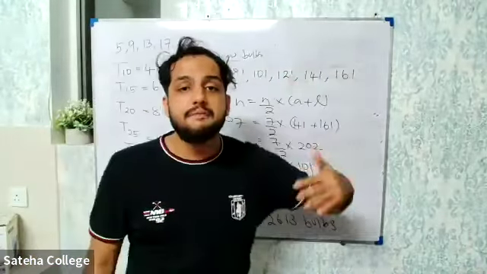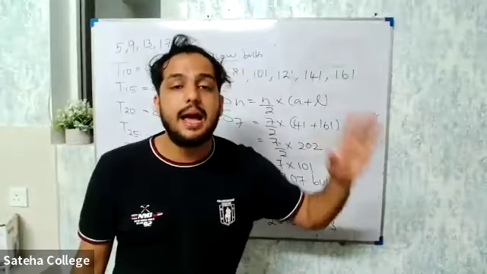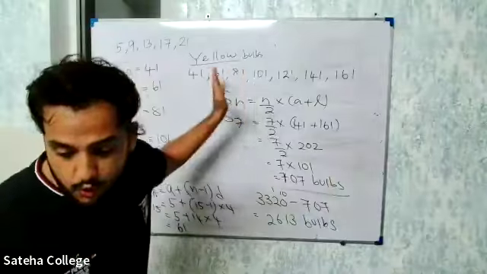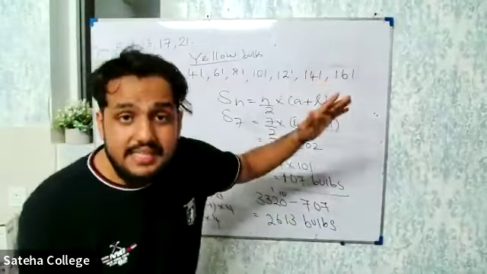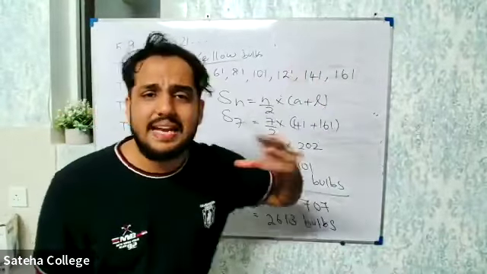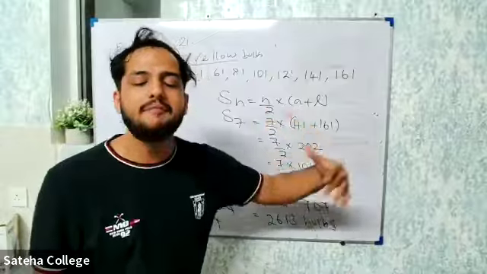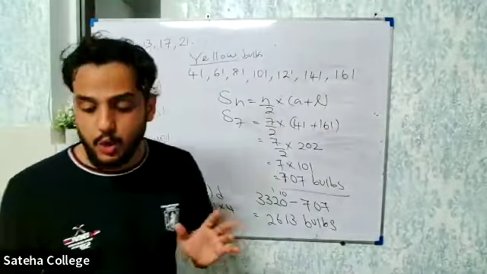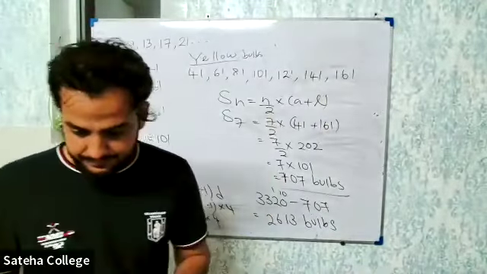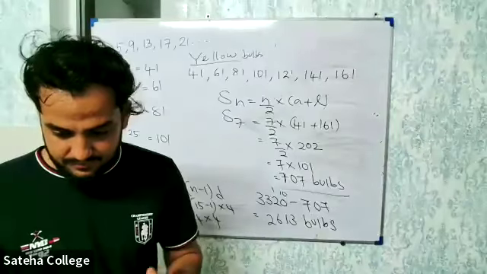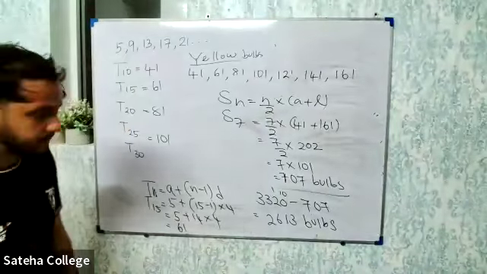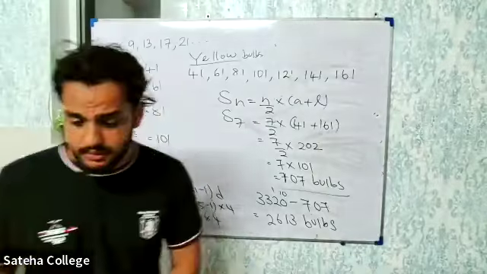So if you count, there are 7 circles with yellow bulbs. They didn't tell you that, but they told you every multiple of 5 has yellow bulbs. Yes, I now understood. Thank you. Good. You're welcome. Any other doubts?